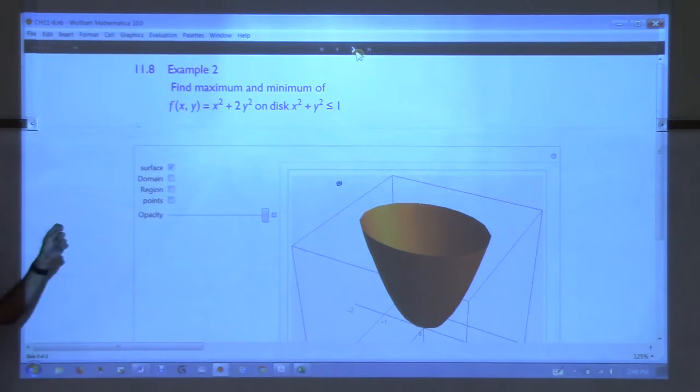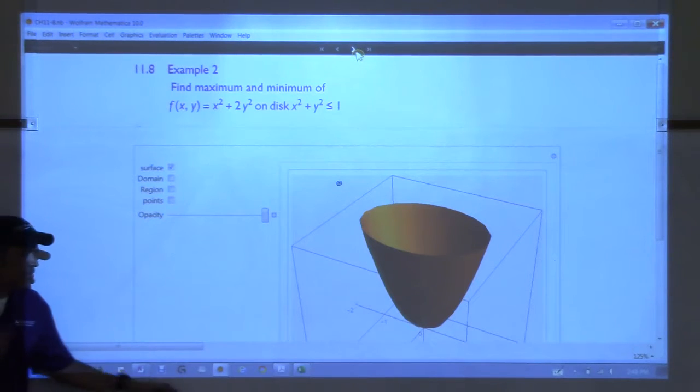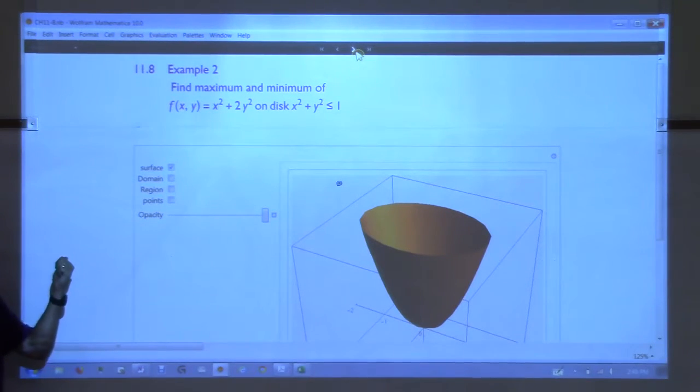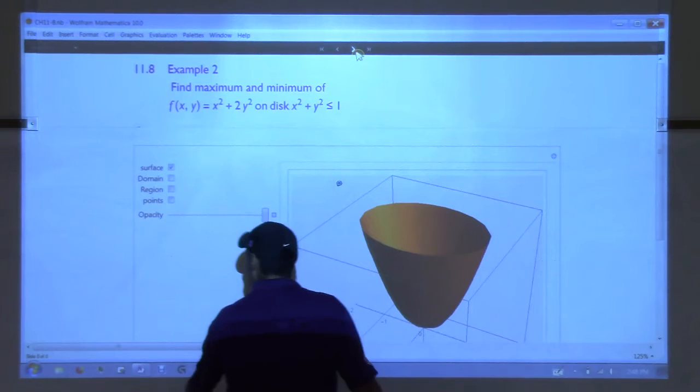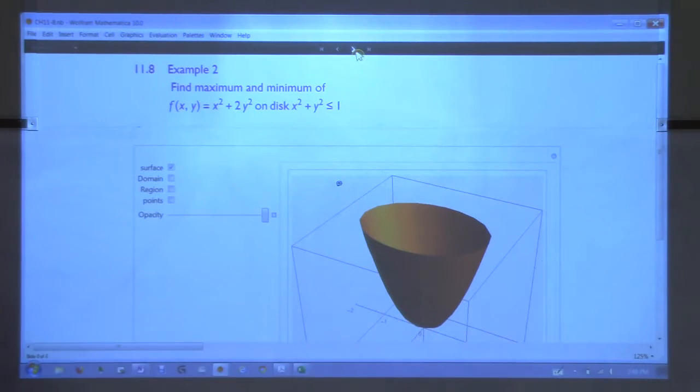So the way we do this now is that we break it up into 2 pieces. We do the boundary, which we just did in example 1. But now we need to look on the inside. How do we look on the inside?